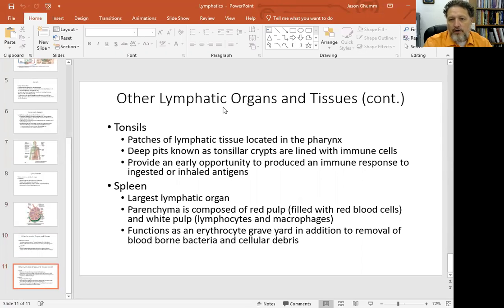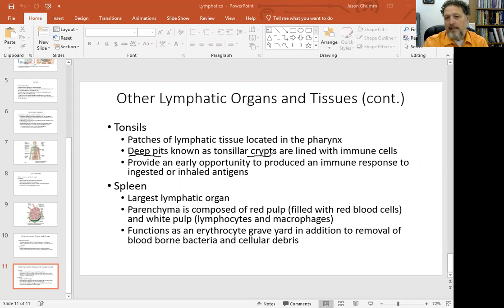Our tonsils are lymph organs located in the back of the throat. They have pits in them called the tonsillar crypts, which have immune cells lining them, so that when debris gets caught in them, those immune cells can be exposed to it.